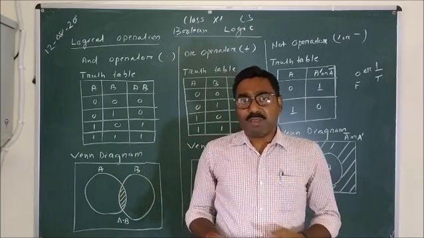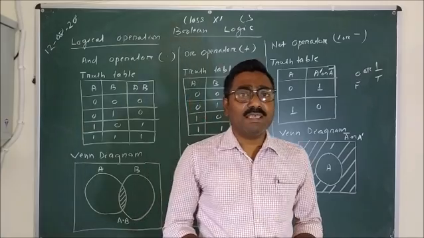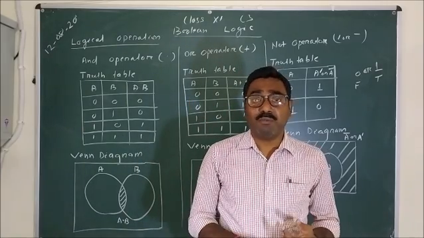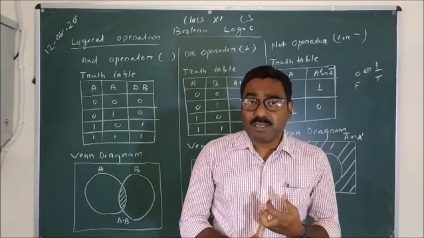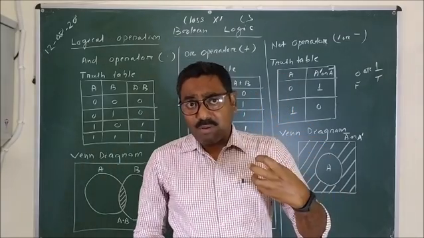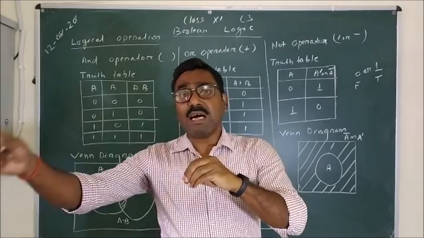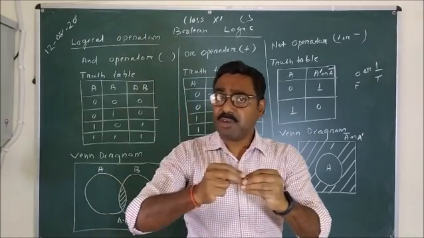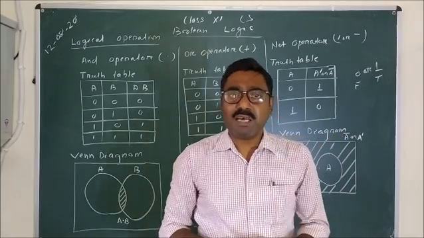So in normal mathematics you might have learned about x, y, z. These are different kinds of variables. In mathematics you learn about single variable, double variable equations. Okay. So actually what happens there, the variable represents a value. The variable itself is not a value, it represents a value. So here the same concept has been used.